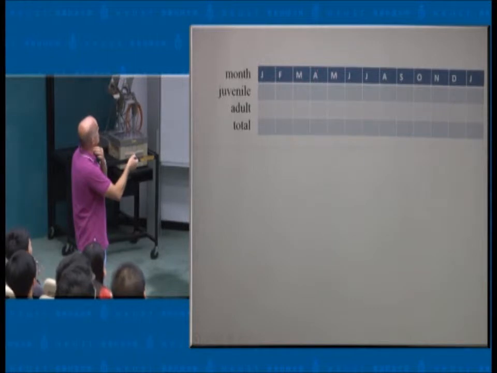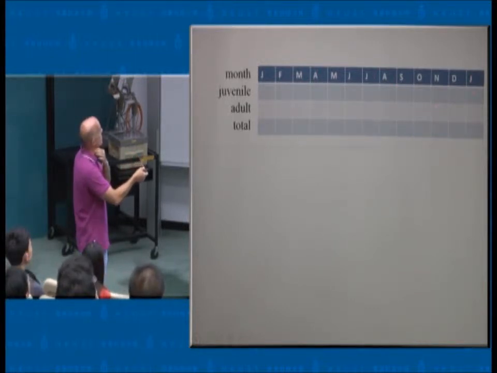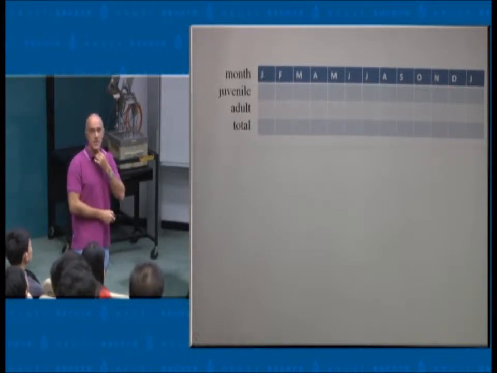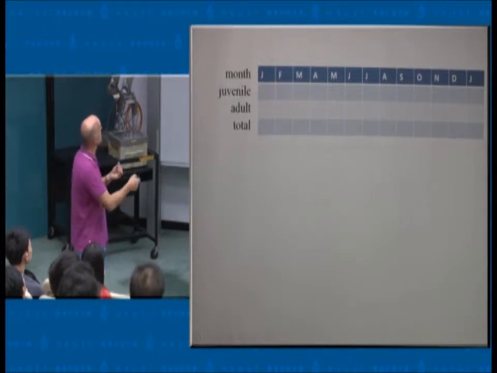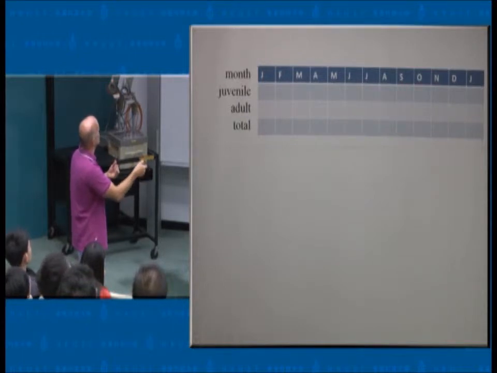January, February, March, April, May, June, July, August, September, October, November, December, back to January. And then I'm going to fill in this table with the number of rabbit pairs. Okay? So these are the number of newborn rabbit pairs, juveniles. These are the number of adult rabbit pairs. And then this is the total, the sum of the juvenile and the adult.